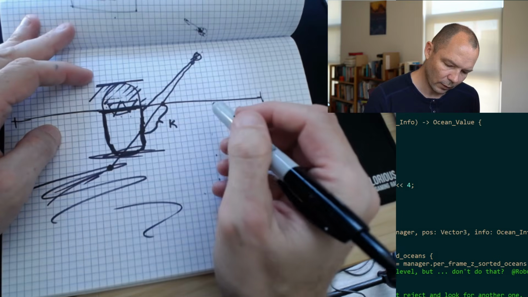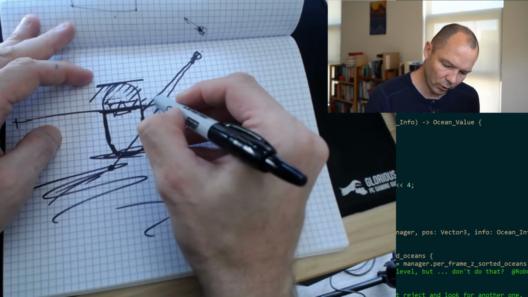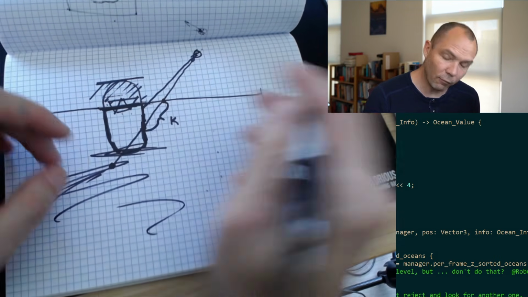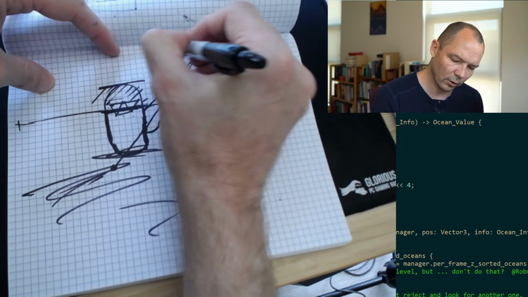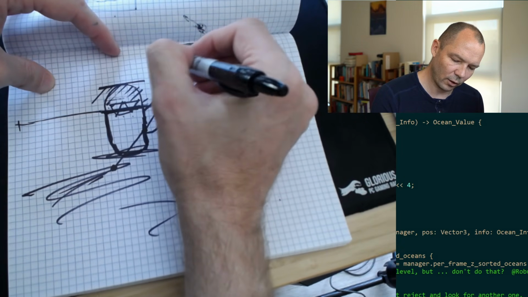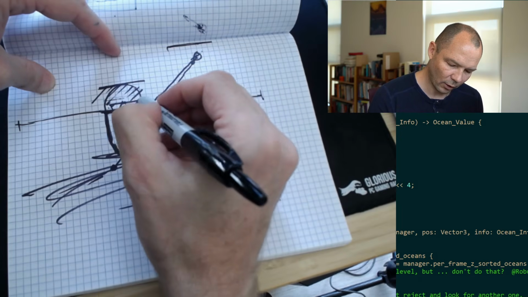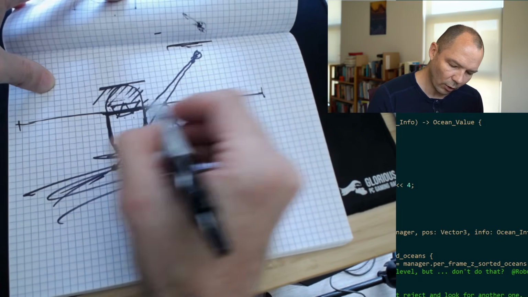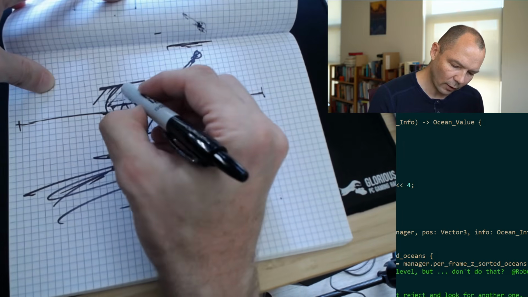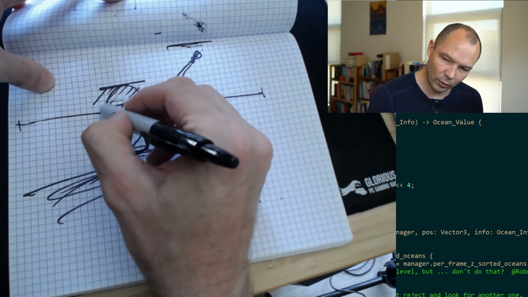That part. And then we draw the surface of the ocean and we get all this. And then after we've drawn all the oceans, or actually if there's another one up here that you could see through under some circumstance, you want to draw this before you draw that one. So it's still sorted.